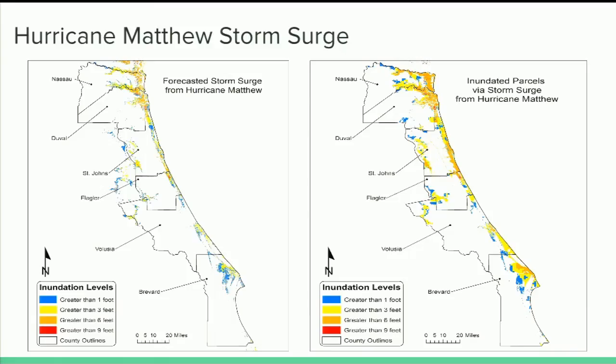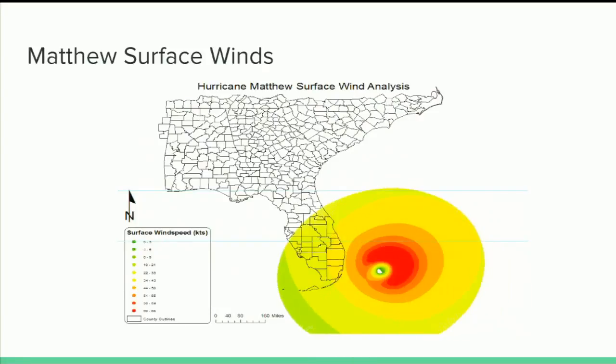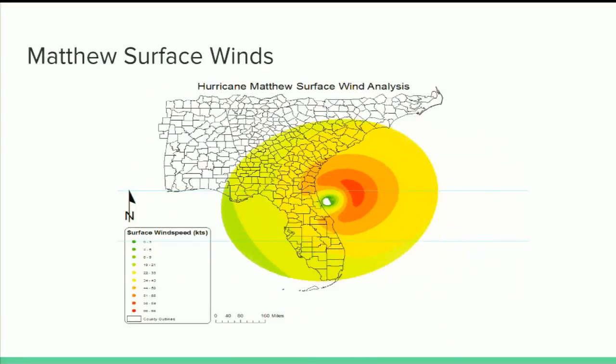So this is storm surge for 5 counties in eastern Florida. And these results were created while Hurricane Matthew was about to hit. And this is the parametric wind profile from Hurricane Matthew as it was coming onto shore.